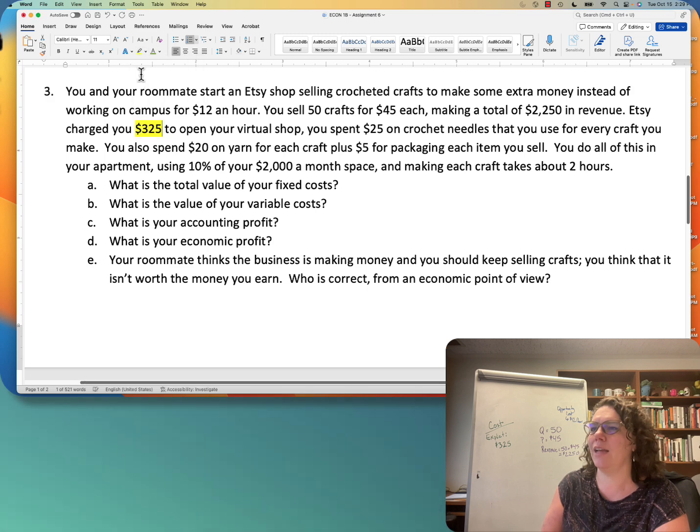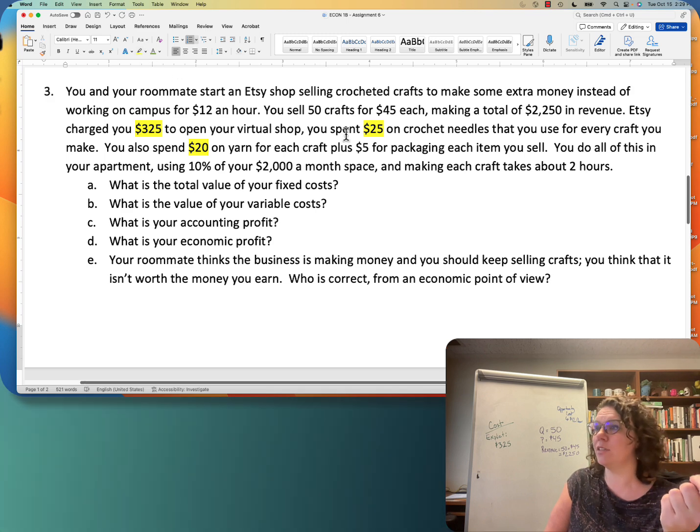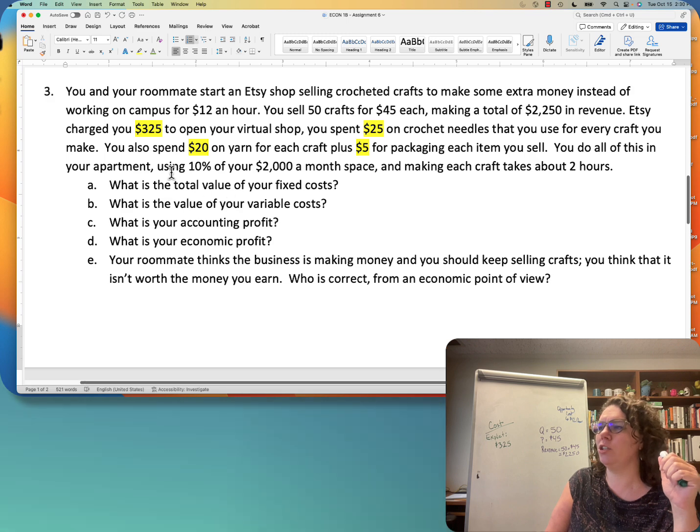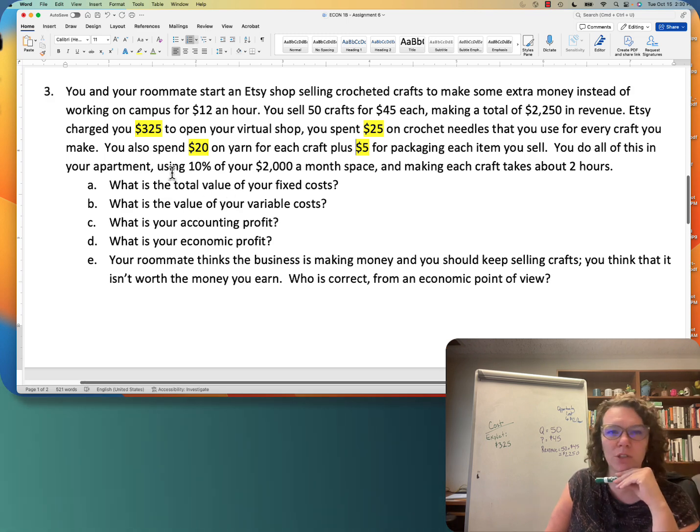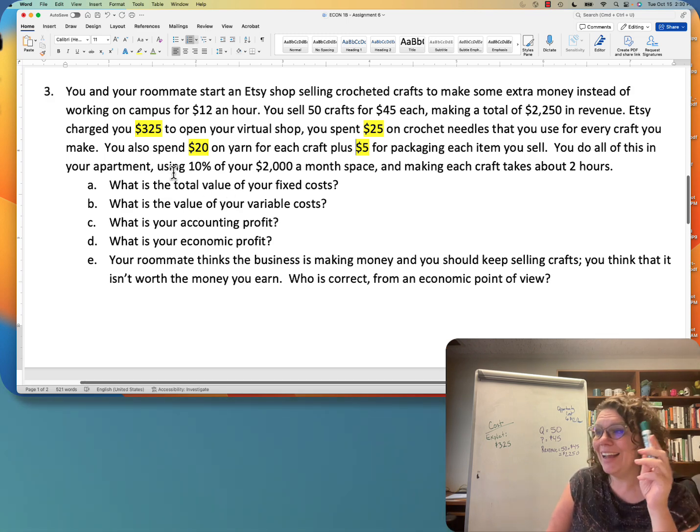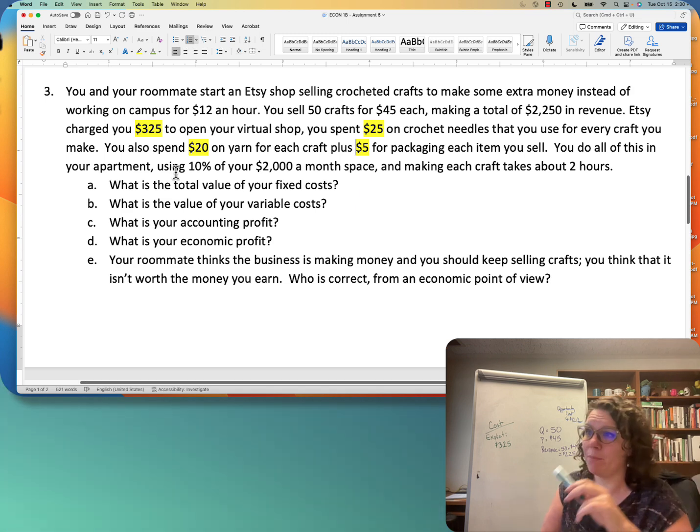We spend $25 on crochet needles, definitely an explicit cost. We spend $20 on yarn per craft, plus $5 on packaging to make it look pretty. And we also use our apartment to make the craft, and we use our time. Those are not explicit costs because we didn't pay for them.